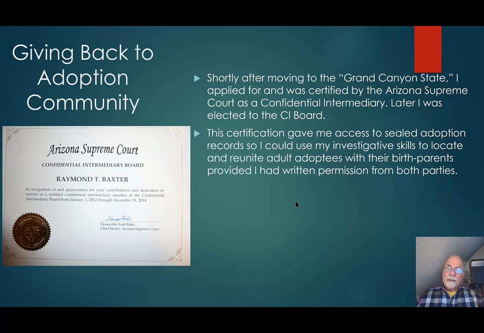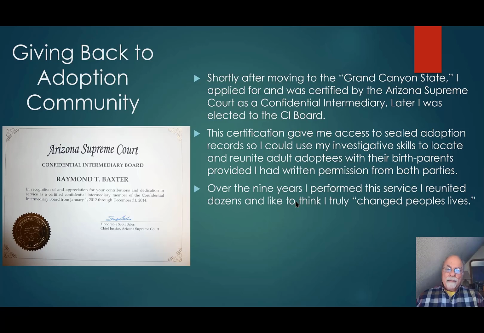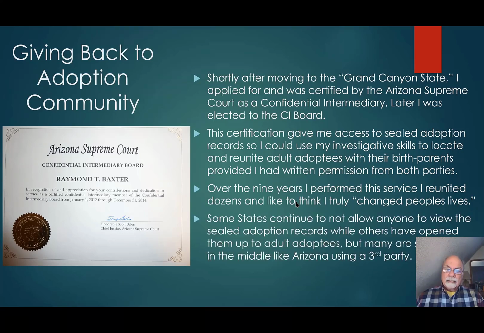So this certification gave me access to sealed adoption records, and I could use my investigative skills to help find out where they were and reunite adult adoptees with their birth parents, provided I had written permission from both. That was very important, to always have that written permission. So over the 9 years that I performed this service, I reunited dozens and dozens of people, and I like to think I truly changed people's lives.